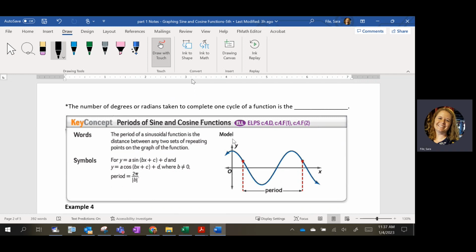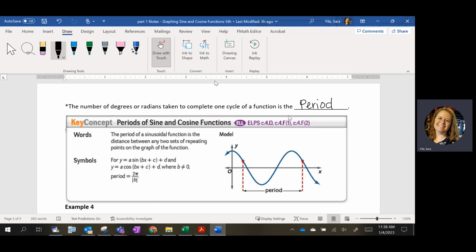All right, so we've already kind of been talking about this as we did the other examples, but the length, or I guess maybe I should say the width, how many degrees or radians it takes to complete one cycle, what is that called? What have we been calling that? Yeah, so we've already been using that term. That's not a new term. That's the period of the graph.